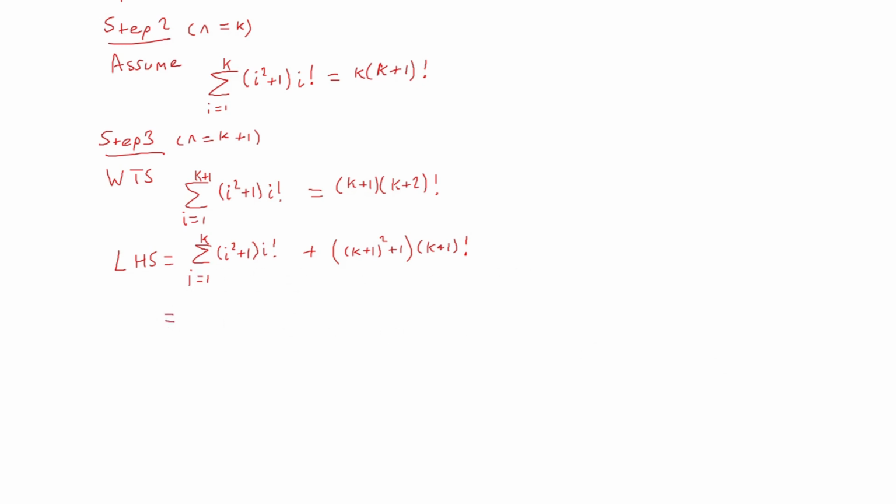Now we're going to make the substitution for the assumption, because this bit here is our assumption, so that is equal to this. So that's the same as k times (k plus 1) factorial. And then we still have the rest, which is going to be, I'm going to expand this out in here, (k squared plus 2k plus 2) times (k plus 1) factorial.